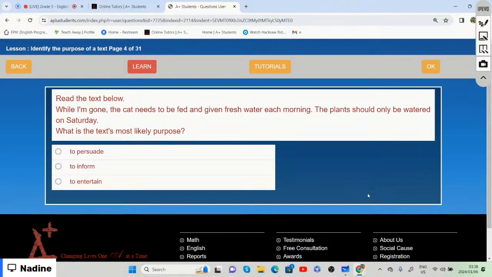The plants should only be watered on Saturday. What is the text's most likely purpose? Is it to persuade, to inform, or to entertain?